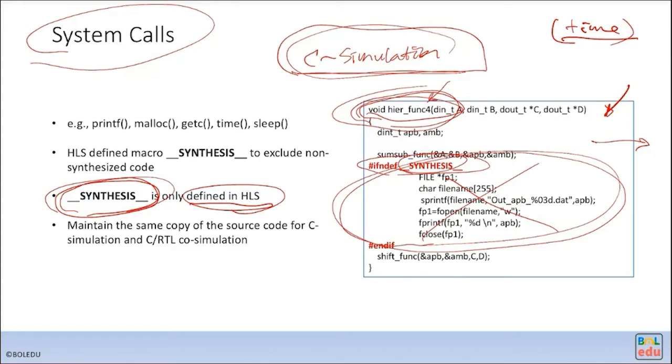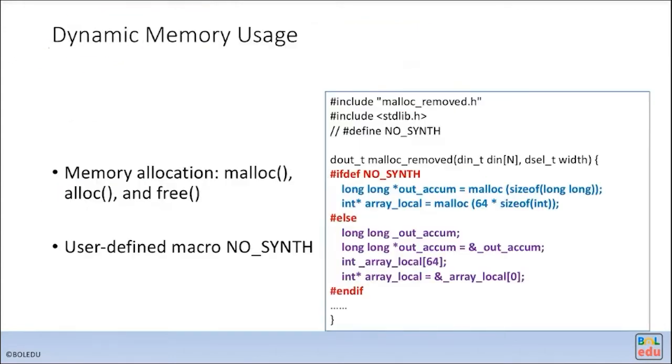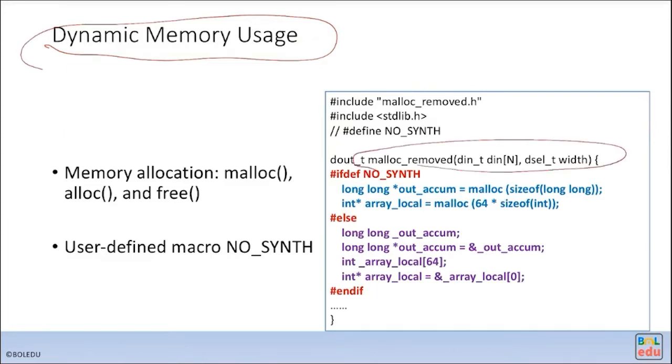Another is dynamic memory usage. Again, it's the same piece of kernel function that you want to run in C simulation and in HLS, but HLS doesn't support malloc. This macro is user defined.